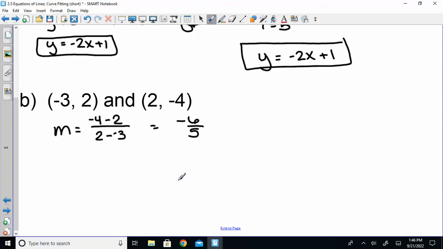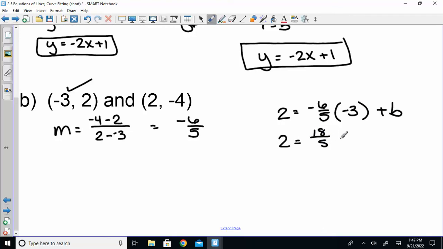Then what do you do? Right. Pick one of these points. So let's just say I want the first one. Then you can either plug into point slope or y equals mx plus b. Most of you preferred the second, so I'll do that. So my y is 2, m negative 6/5. The x of the point I chose is negative 3 plus b.